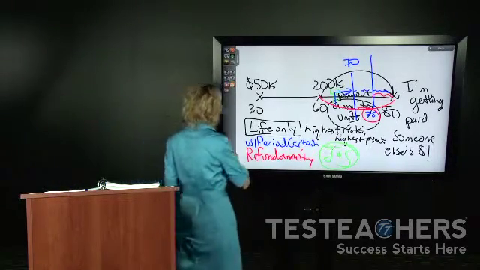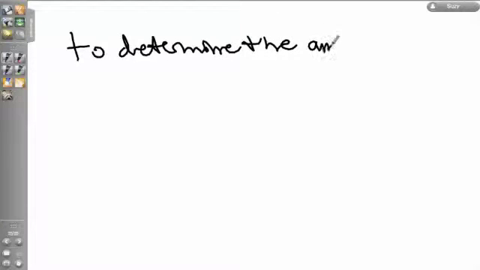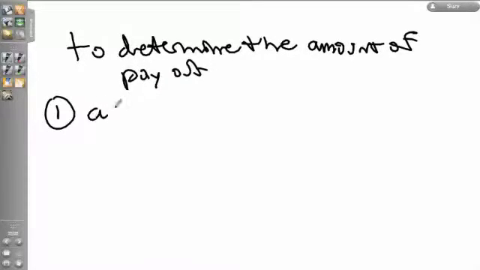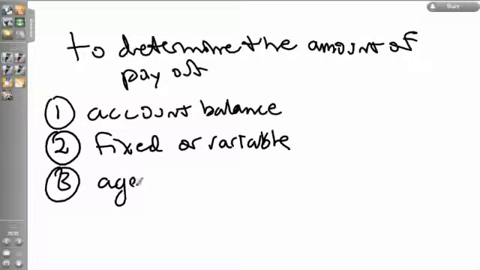To determine the amount of money monthly, things matter like what was the account balance, what is the interest rate, is it fixed or variable, what is your client's age, the younger they are the lower their payment's going to be because the longer they're expected to live, what is their gender.